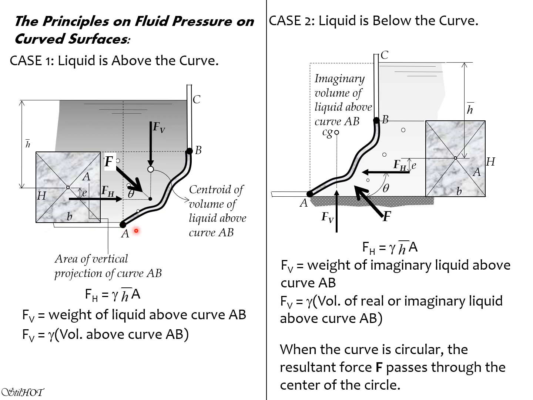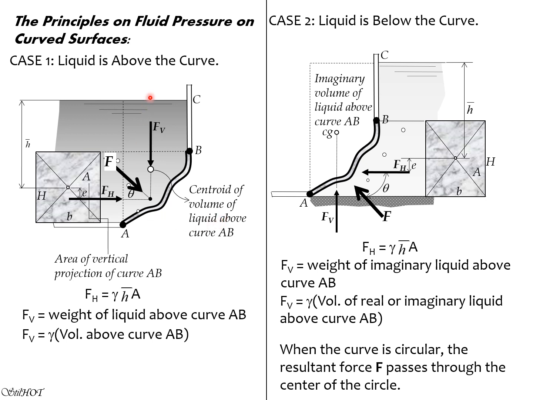To do that, you have to draw a horizontal line through the endpoints of the curve in order to define the height of this rectangular projection and apply the formula for force, which is gamma barred H times area.